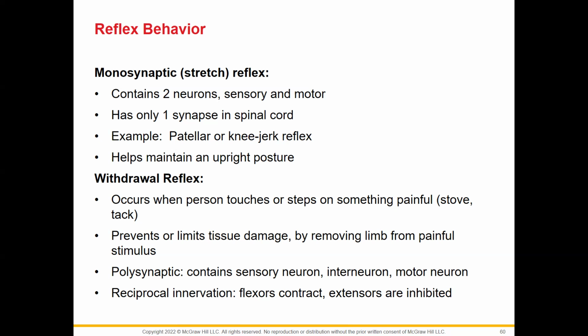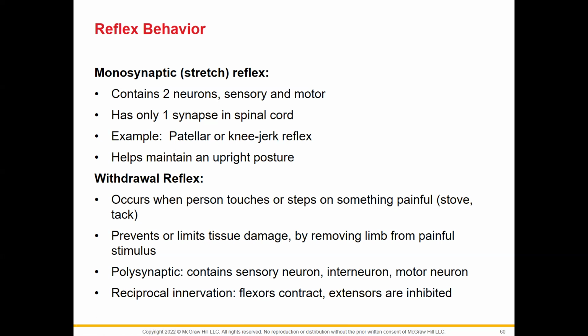The stretch reflex part is that those muscles that were stretched then contract, and this contraction allows you to stand up straight again. So that is an example of how that monosynaptic reflex will help you to maintain upright posture.